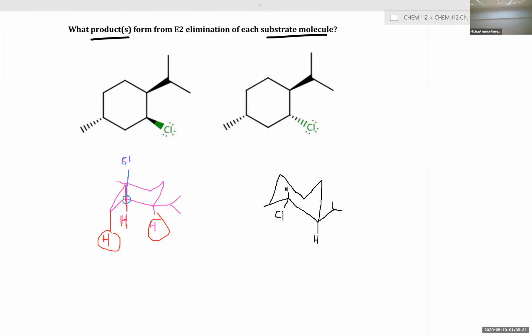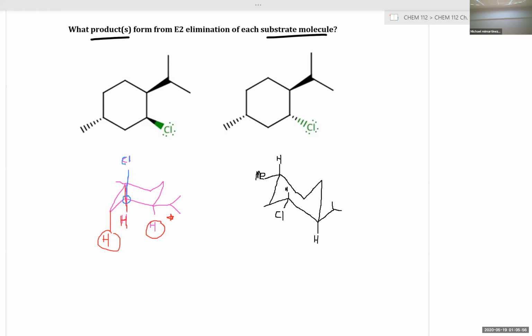Which one would give you the more substituted alkene? The more substituted alkene? Yep, exactly right. And now you just have to draw the product.